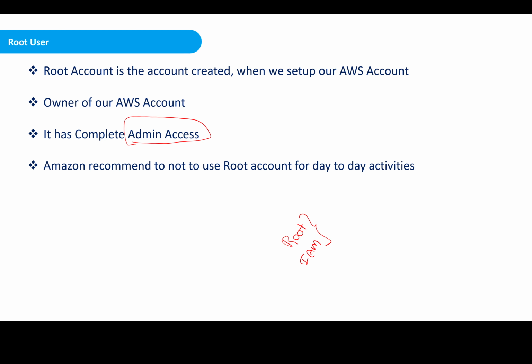Even though you are an administrator, you have to create an account for yourself with your name, assign the admin access to that particular user, and do your day-to-day activities. So in a simple way, root user is not for your day-to-day activities. Root user is the owner of the AWS account, which gets complete admin access.